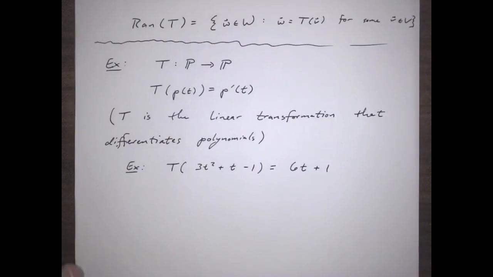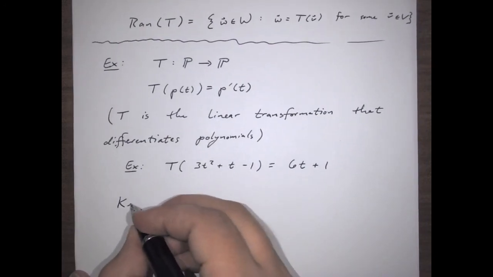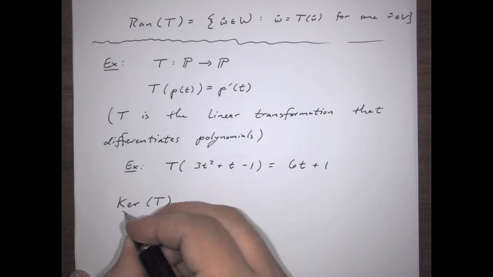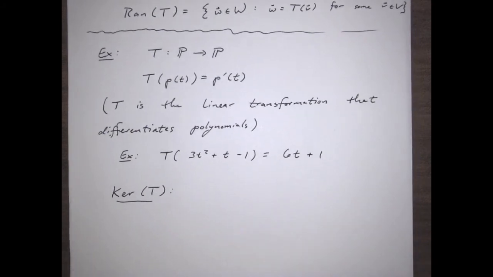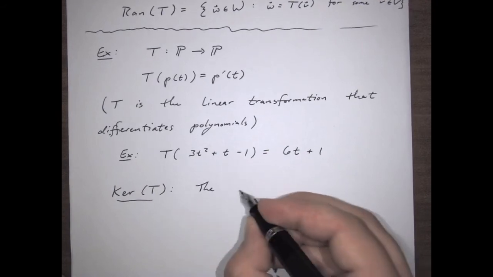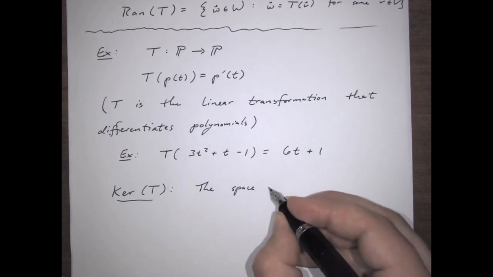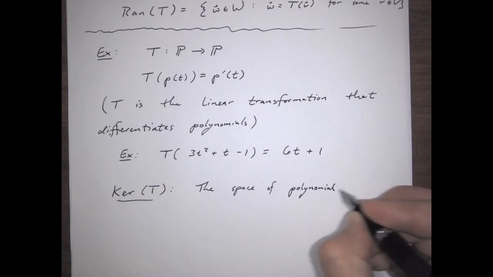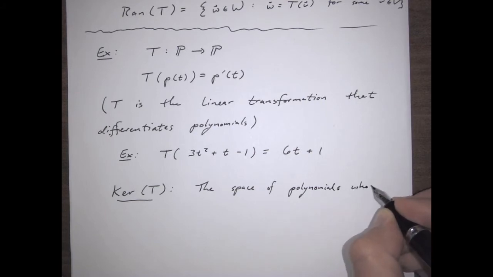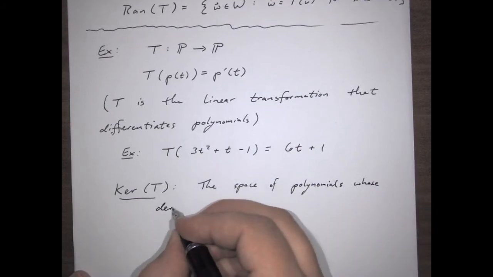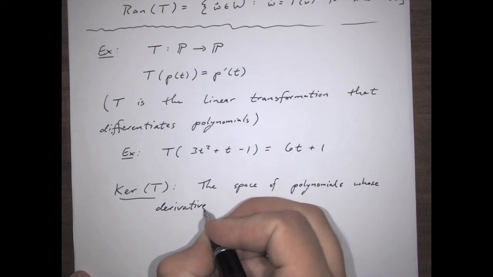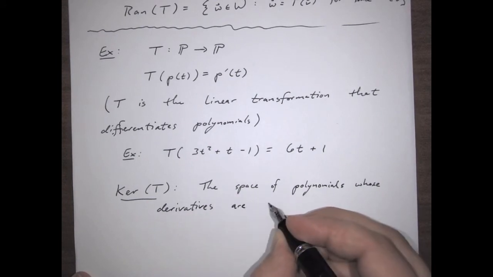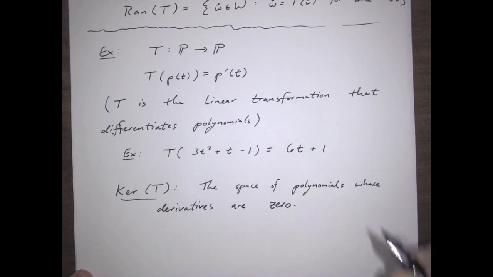Okay. Then what would the kernel of T be? So that would be all of the polynomials whose derivatives were 0. So this is the space of polynomials whose derivatives are 0.